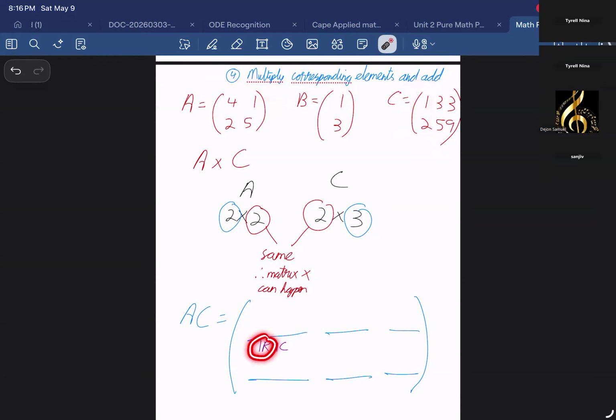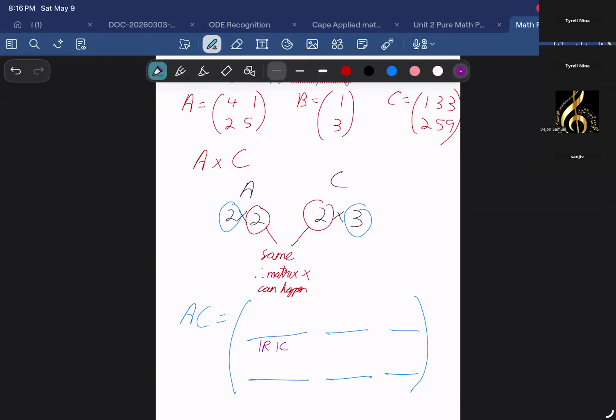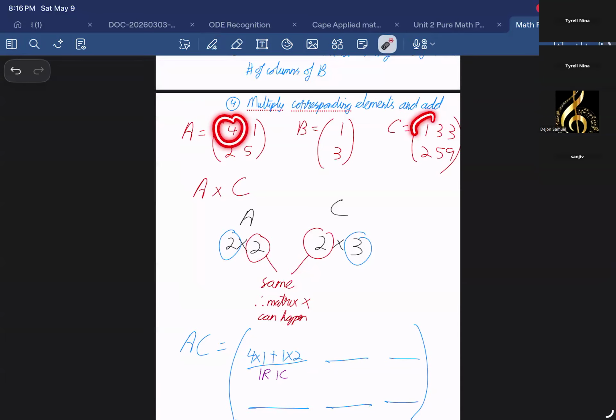This is my first row, first column, this is the position here. Therefore, I'll take my first row of A and multiply by the first column of C. So let's look at that. First row of A, so that will be 4 by 1, because there's this one here, plus 1 by 2. Multiply corresponding elements and add. So I take this by this plus this by this.